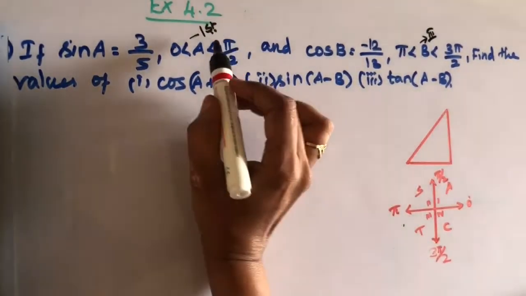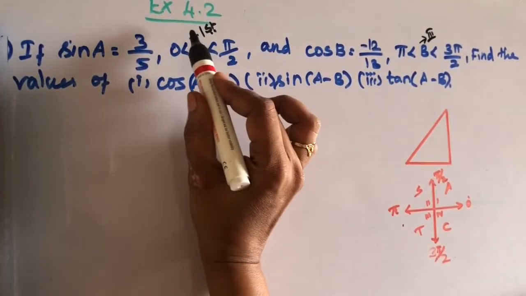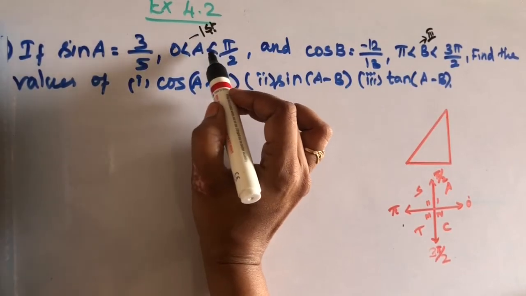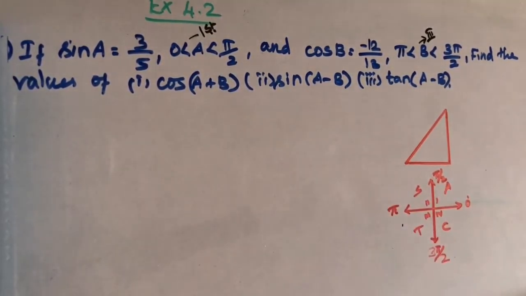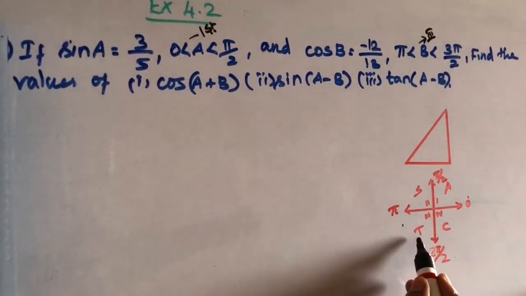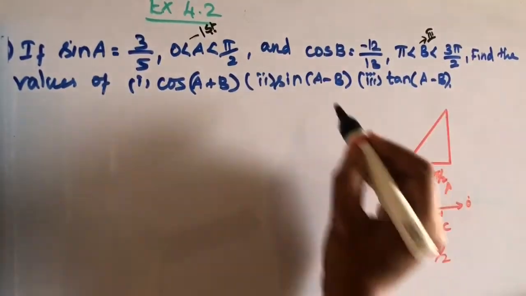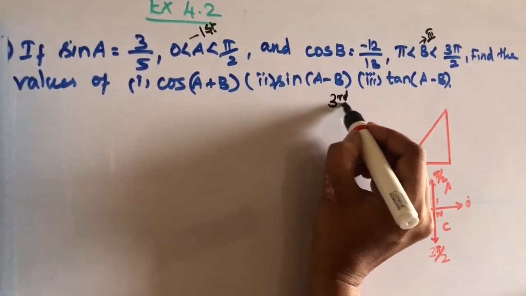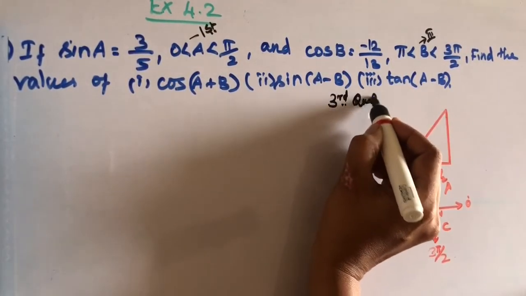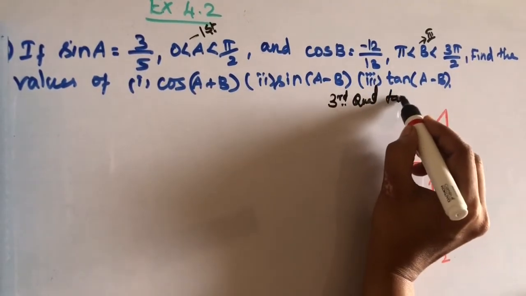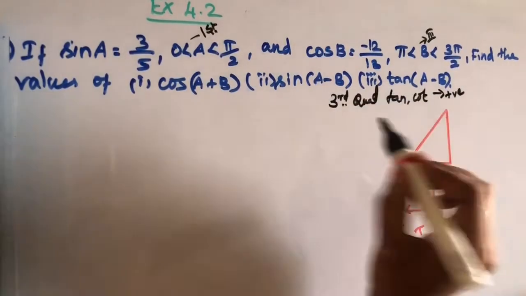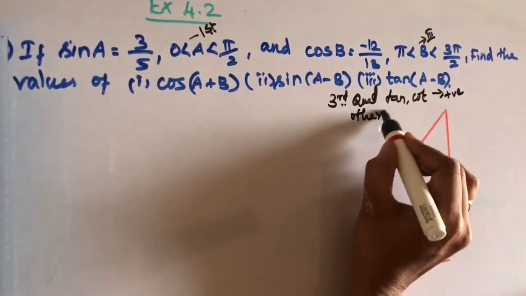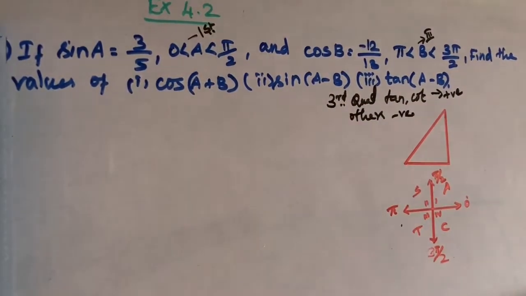In the first quadrant all ratios are positive, A, S, T, C, that's what we have learnt. But in the third quadrant, only tan and cot are positive, others negative. You have to keep this in mind.